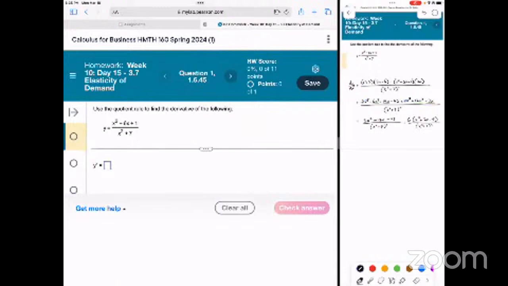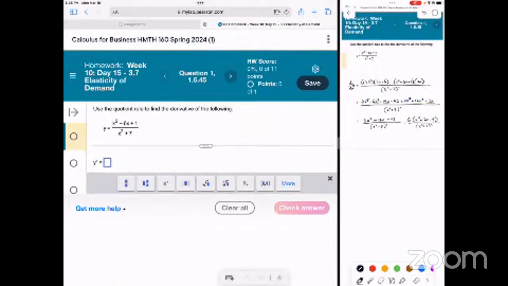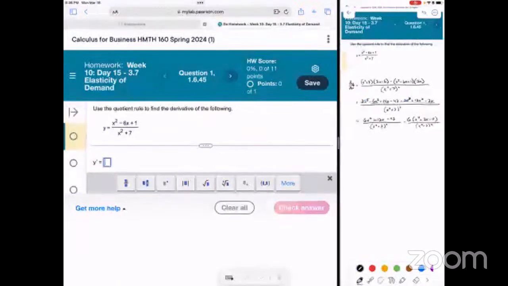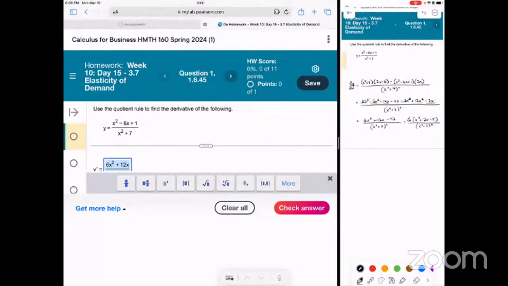All right. Yeah, I'm not getting anything to cancel. So on top, we got this 6x squared plus 12x minus 42. On bottom, x squared plus 7. Let's see.